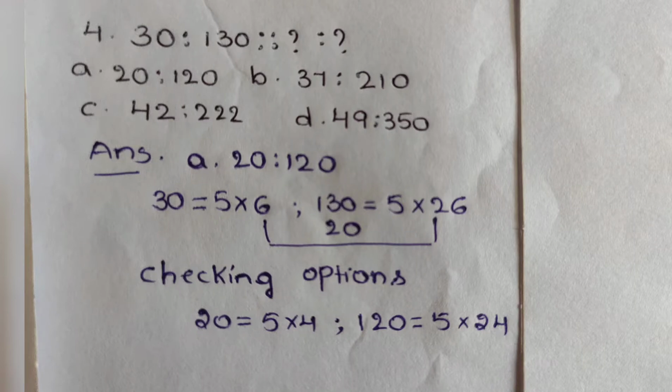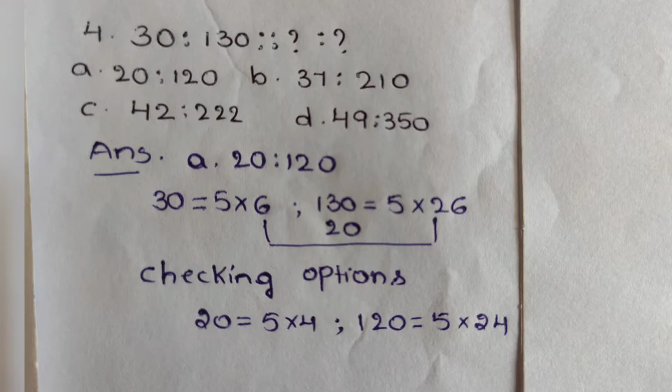So here the common number is 5 and we have multiplied 5 with 6 and 26 to get 30 and 130. So the difference between 6 and 26 is 20. So here the numbers that we have multiplied have a difference of 20.